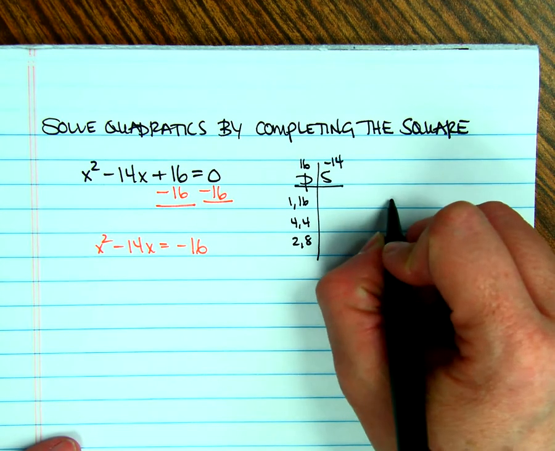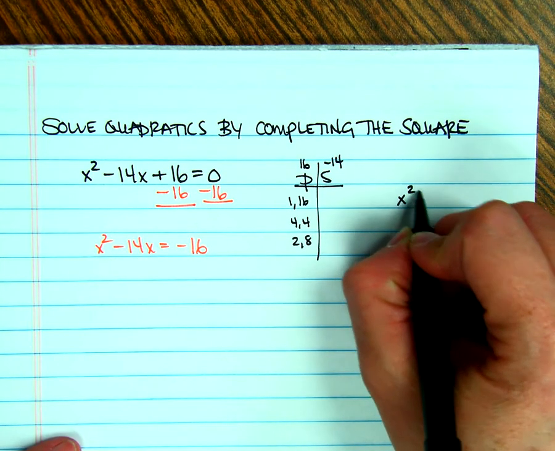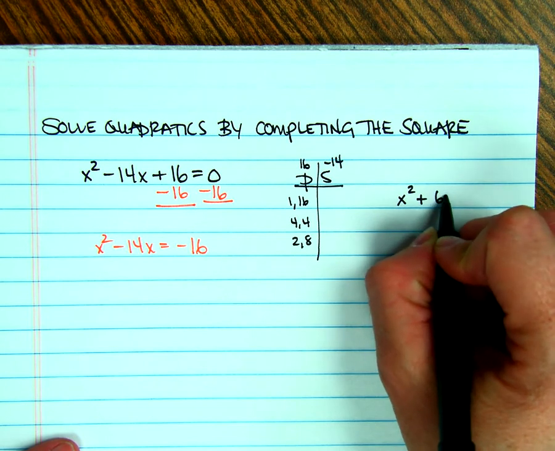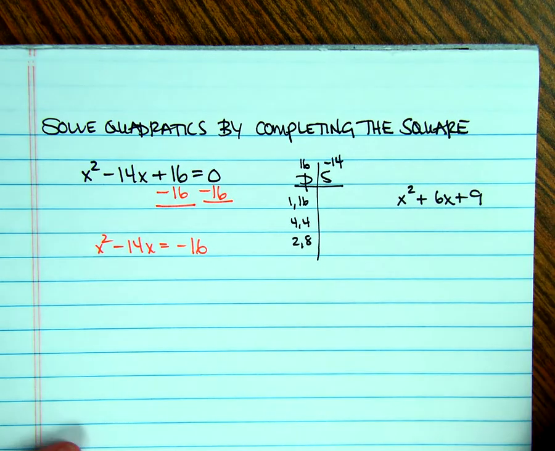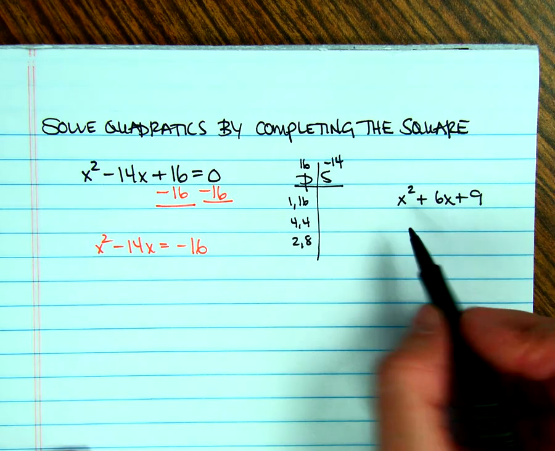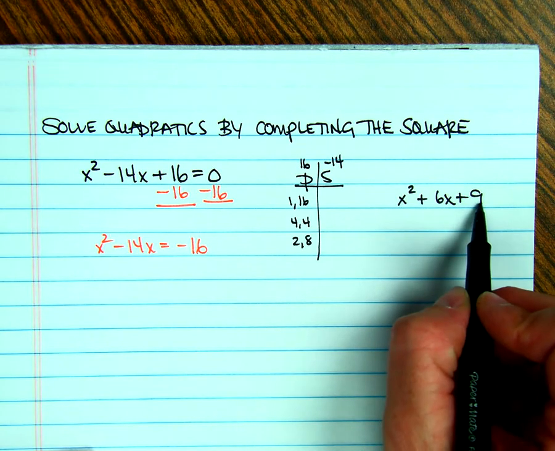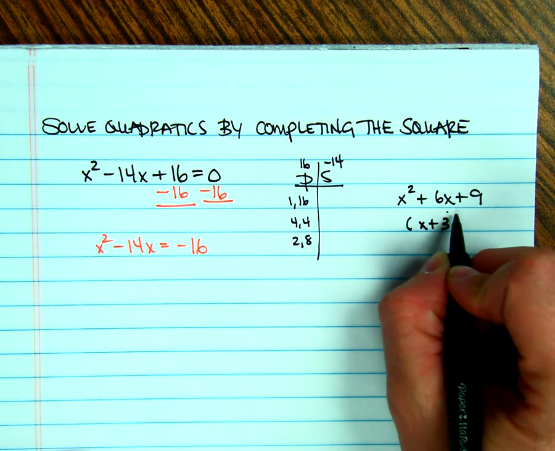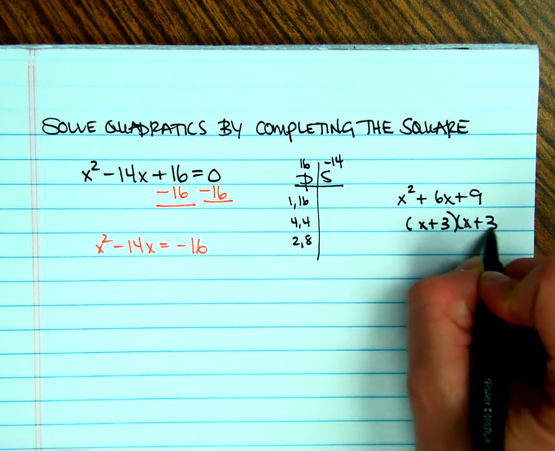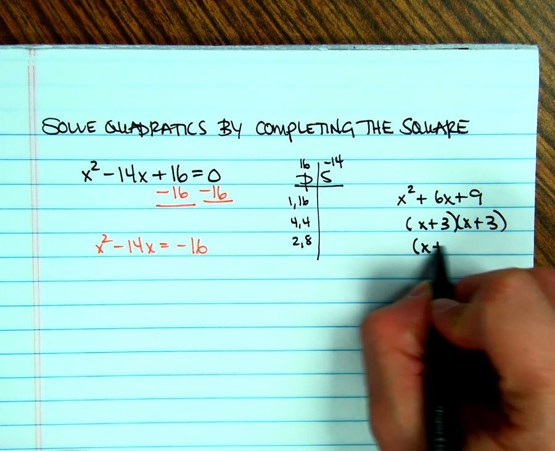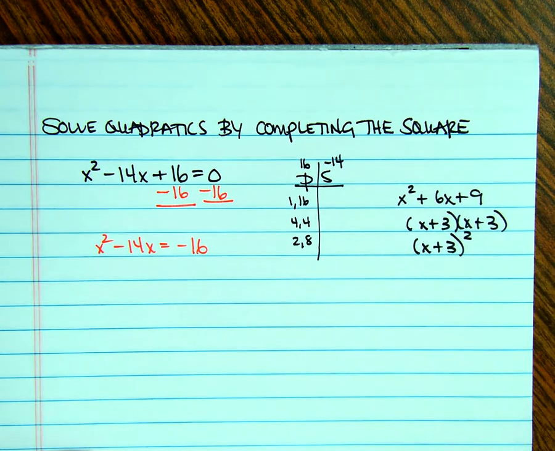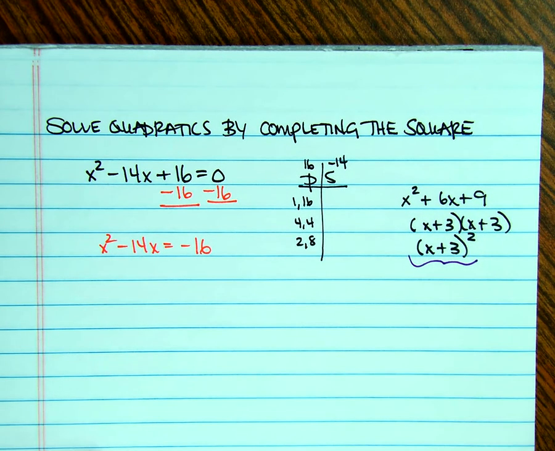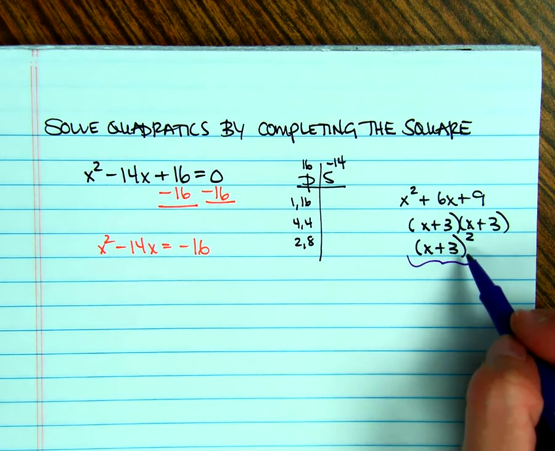For example, x squared plus 6x plus 9 is a perfect square, so we would end up with x plus 3 and x plus 3, which gives me x plus 3, that quantity squared. This should look familiar from the vertex form, so this is what we are going to try to create.